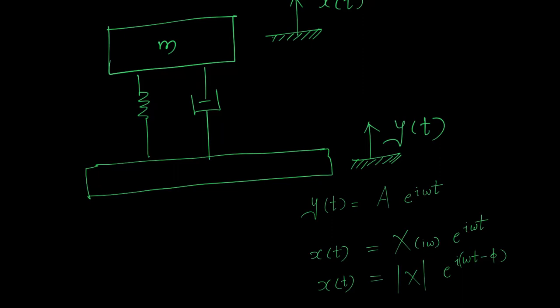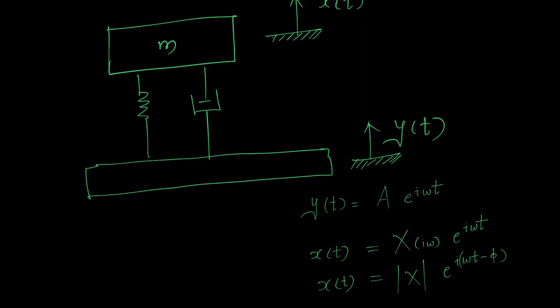So I'm assuming that my base is moving harmonically with an amplitude of capital A and with a frequency of omega, and I'm assuming that this particular mechanical system which is sitting on top of the base has a natural frequency of omega n. Having said all these things, now this is the excitation for this particular system.